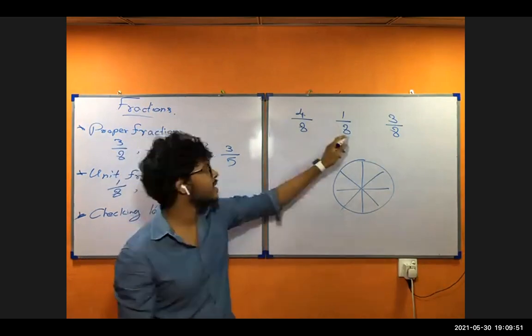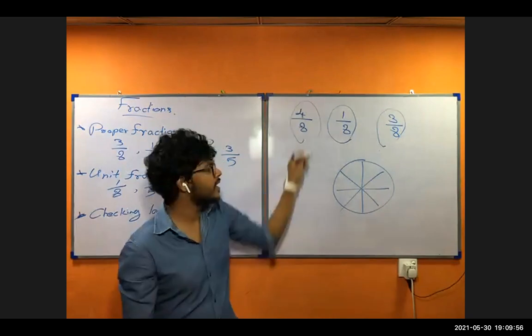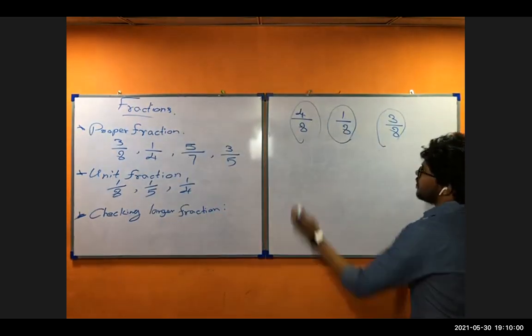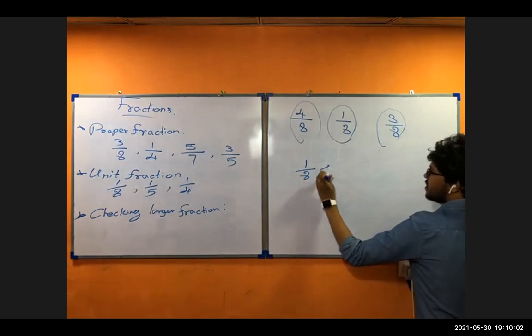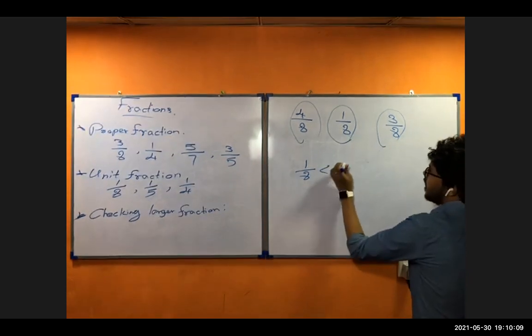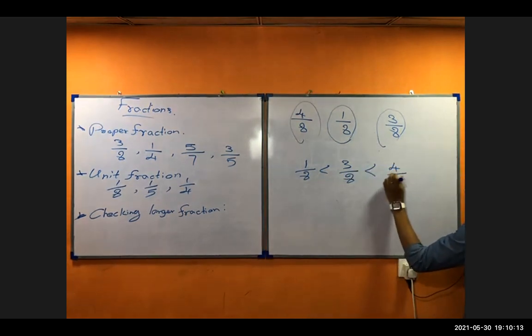So obviously this one is the smallest, this one is next, and this one is the largest. You can write the order: 1/8, 3/8, and then 4/8.